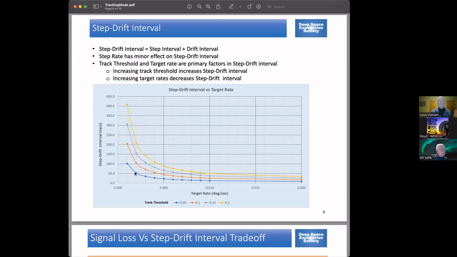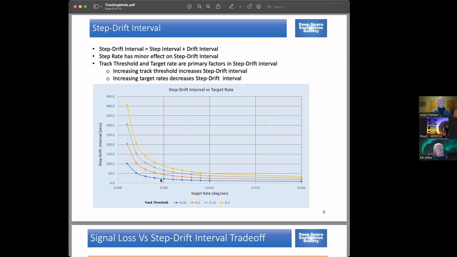Azimuth varies more, but I think it might cluster more around 0.05 or so. And so you'll see that you can't get as long an interval at that rate. So just as increasing the track threshold increases the step drift interval, increasing target rate decreases the step drift interval.